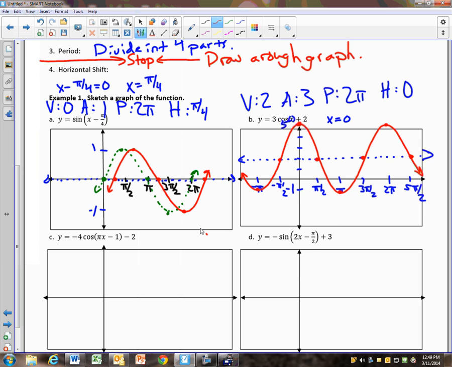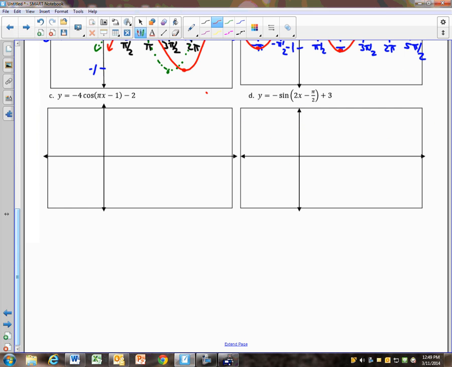Yeah. All right, here we go. We've got 2 more. We'll try 2 more difficult ones. We can do it pretty quick. You guys are going to get good at this. What is my vertical shift? And my amplitude? 4. So I'm going to have to go all the way down to -6.